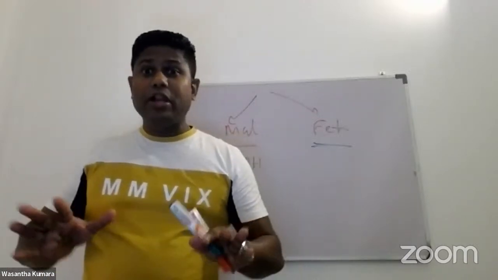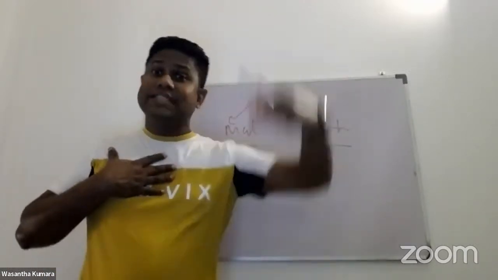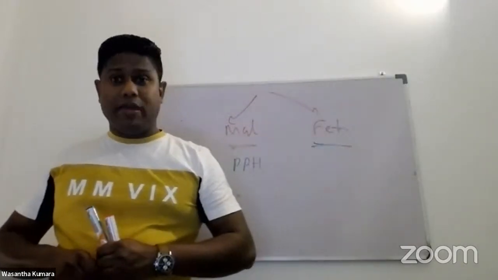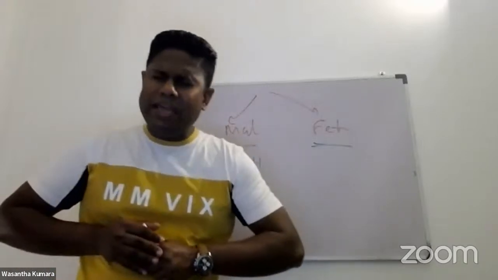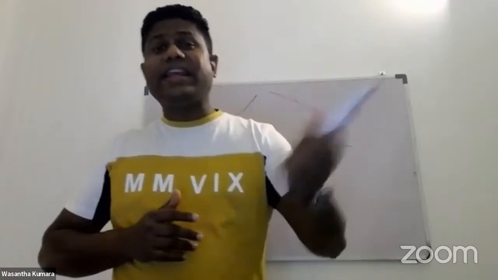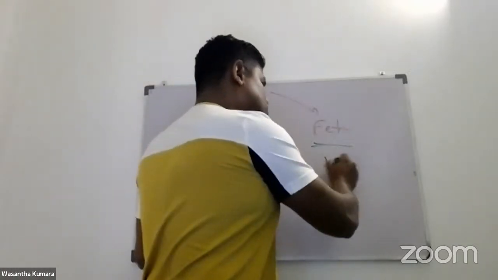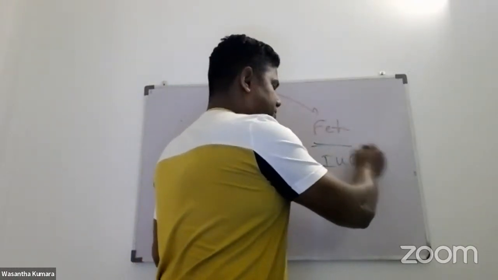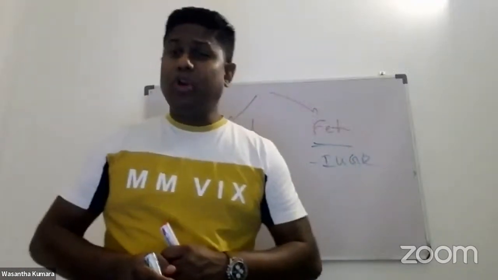I'm talking about the mother having anemia. As a result, what can happen to the baby? Rarely, if the mother is having anemia, it can cause IUGR, but it's not very common. IUGR is possible, but not very common.